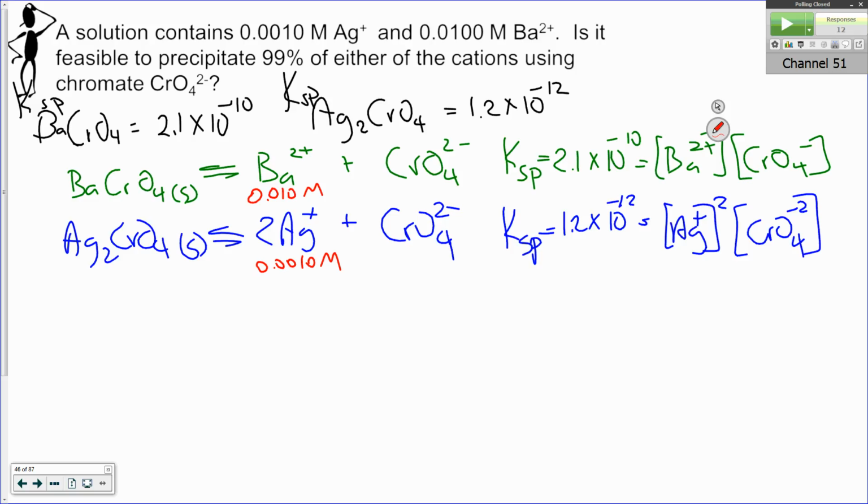If you solve for solubility, when it's a 1-to-1, solubility is the square root of KSP. But when it's a 1-to-2, KSP is equal to 4 times the solubility cubed. And I think if you plug the numbers in, you're going to find that the silver is going to be more soluble. Okay, so that's part of what makes this problem a little trickier.